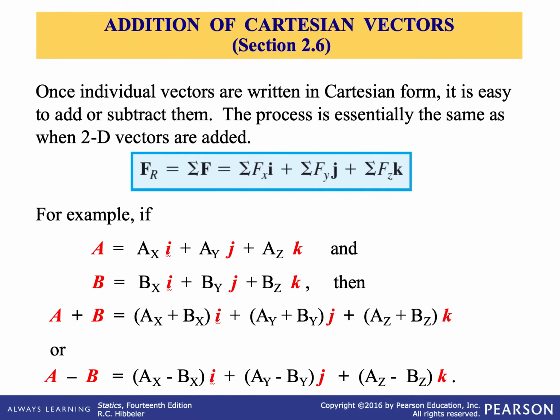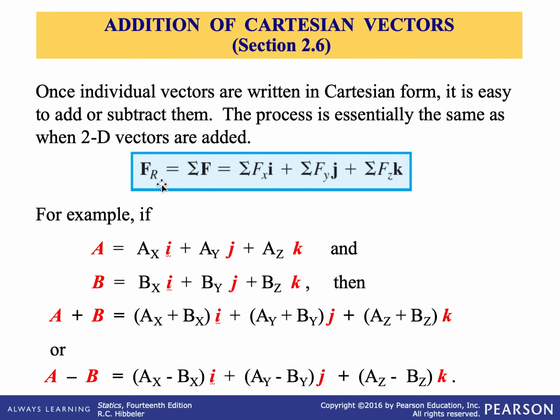If you have two vectors, let's say A and B, and you were able to write them with ax, ay, and az in the ijk form, which I always call the Cartesian coordinate system form, and you want to add these two vectors, you add the x component alone, the y component alone, and the z component alone, and then you have your resultant vector.